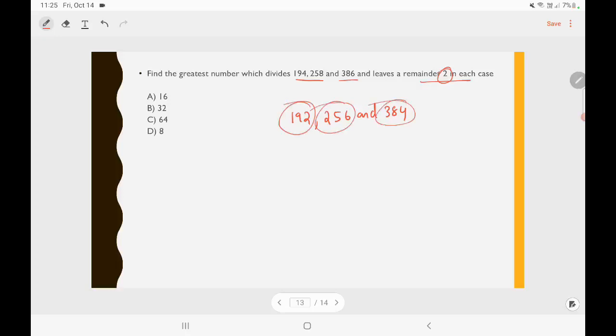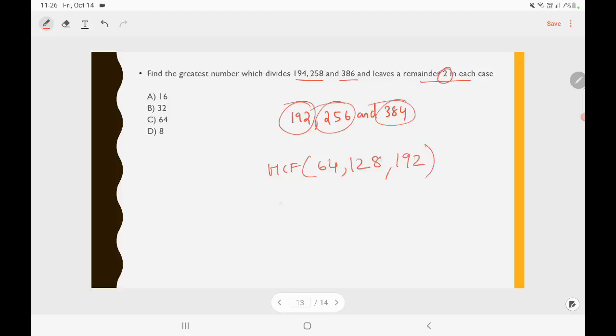Since these are bigger numbers, we can use repetitive subtraction. So this is HCF of 256 minus 192 is 64, right? Then 384 minus 256 is 128. Now 384 minus 192 will come 192 itself.